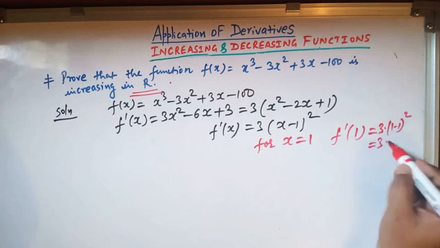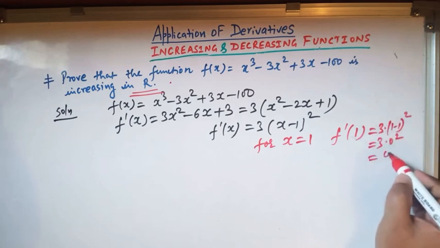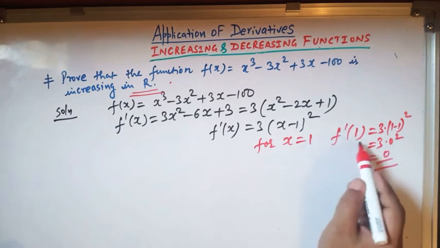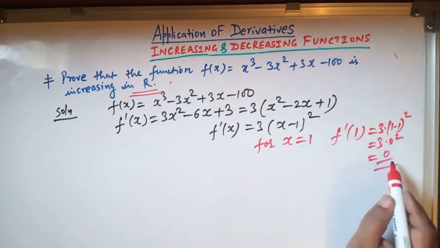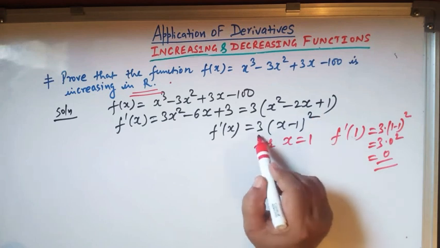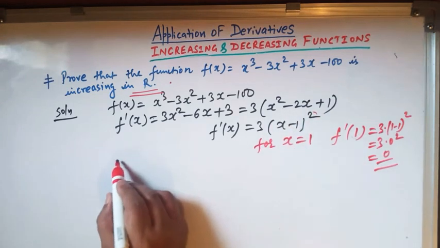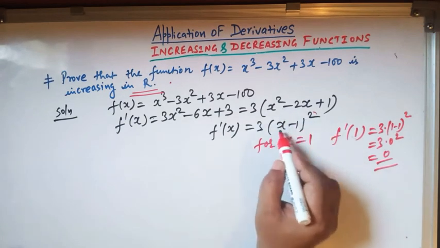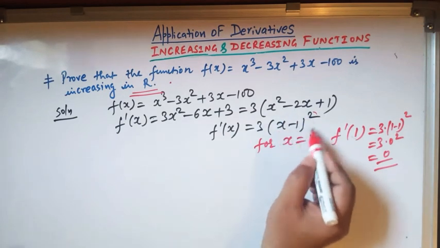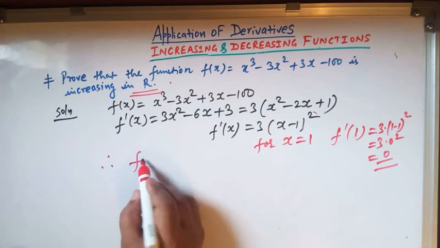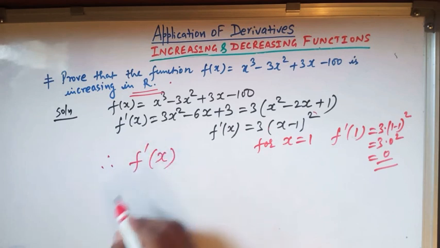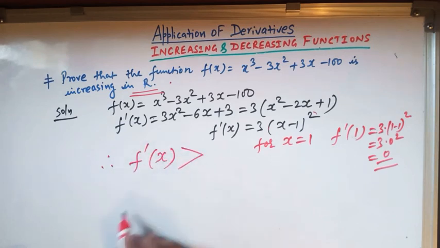This is 3 times 0 square, which is equal to 0. So f prime of 1 is 0, and for other values of x, this quantity is always positive. So therefore we see that f prime of x is always greater than or equal to 0.